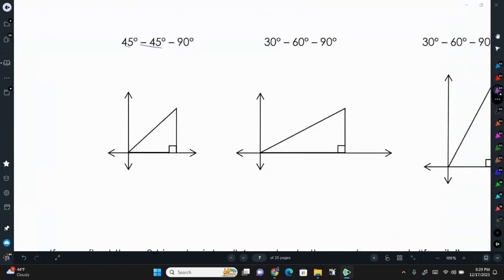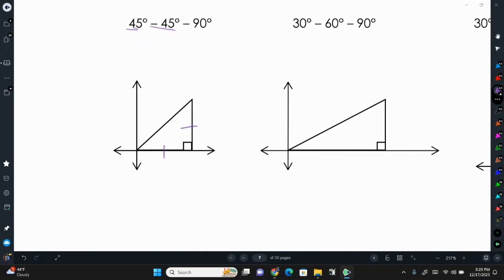The 45, 45, 90 triangle, it's not an accident that one of the angles on the unit circle is 45 degrees, but we know that these two lengths are congruent in a 45, 45, 90 triangle. And if we're referring to the unit circle, we know that the radius is 1.